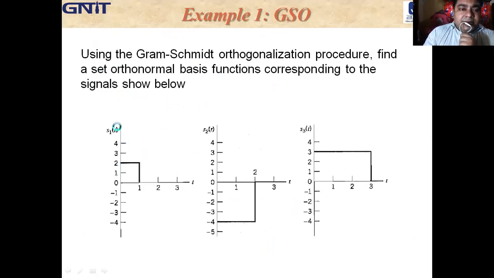The first signal S1t has an amplitude of 2 units and time period 0 to 1. Three signals are given, represented as S1t, S2t and S3t.